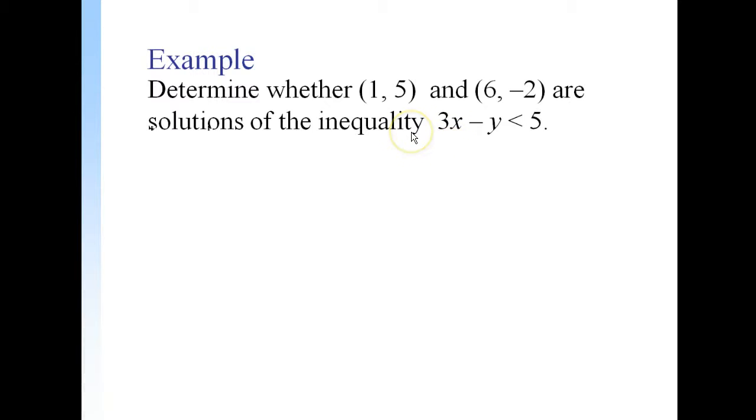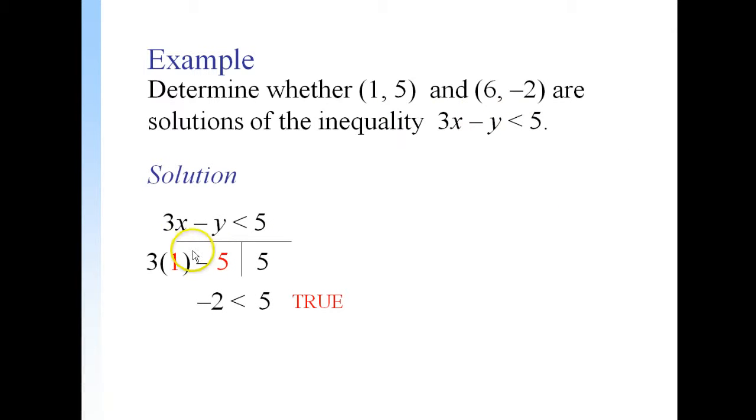So determine whether (1, 5) and (6, -2) are solutions of this. And we're going to use the slides supplied by our textbook here. If we substitute into the first inequality, -2 is less than 5.